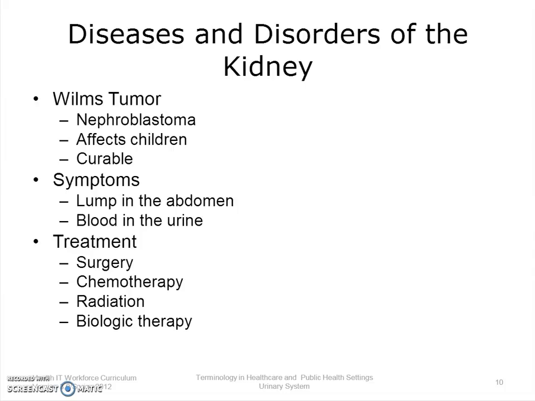Symptoms of Wilms tumor include a lump in the abdomen and blood in the urine. The tumor is usually diagnosed and removed in surgery. Other treatments include chemotherapy, radiation, biological therapy, or a combination of therapies. Most children with Wilms tumors can be cured.